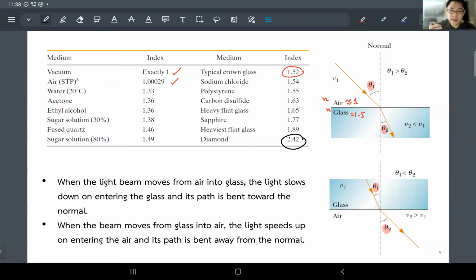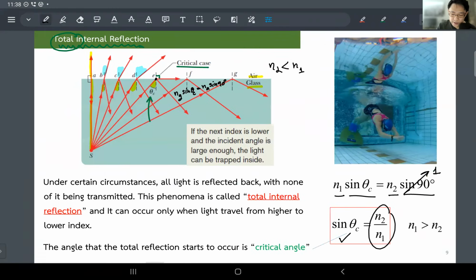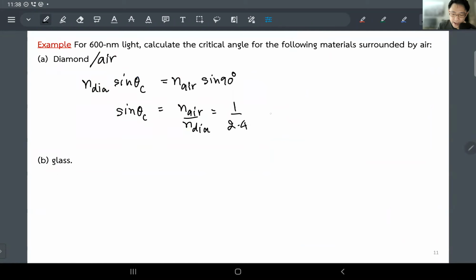That's why it moves really slowly in diamond. So N is huge. Let's take 2.4. There you go. And then you can calculate theta critical out of this. If I remember correctly, it's about 24, not degrees Celsius, sorry, 24 degrees, approximately. You can check my numbers again.